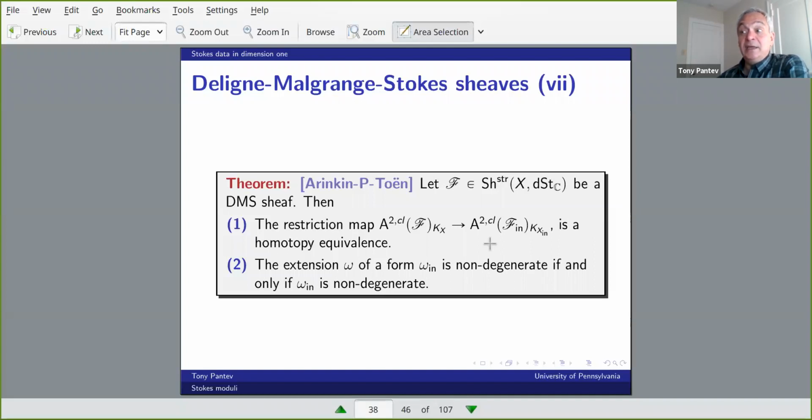And what this is saying is that there is a middle perversity extension from the open stratum, which is unique, and it gives you the sheaf. So if you have a form on the open stratum and you extend it by a middle perversity, you actually get the whole thing. But we don't have a general statement like that. In the examples for the Stokes data, we actually did it by hand. We checked that the choices are contractible, and then the whole thing extends, and non-degeneracy is the same.